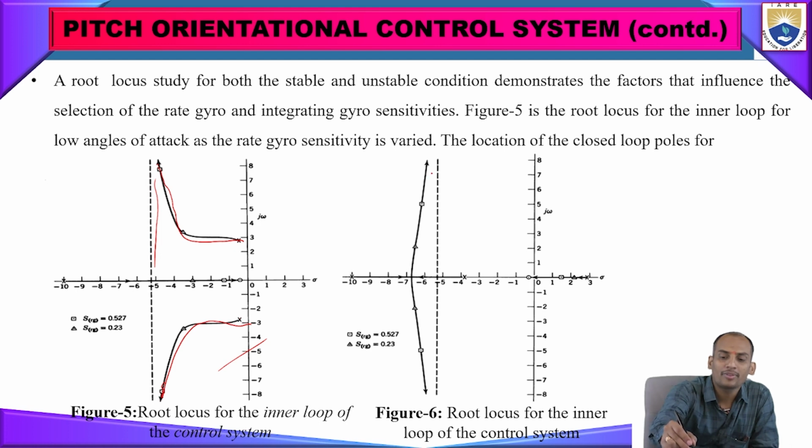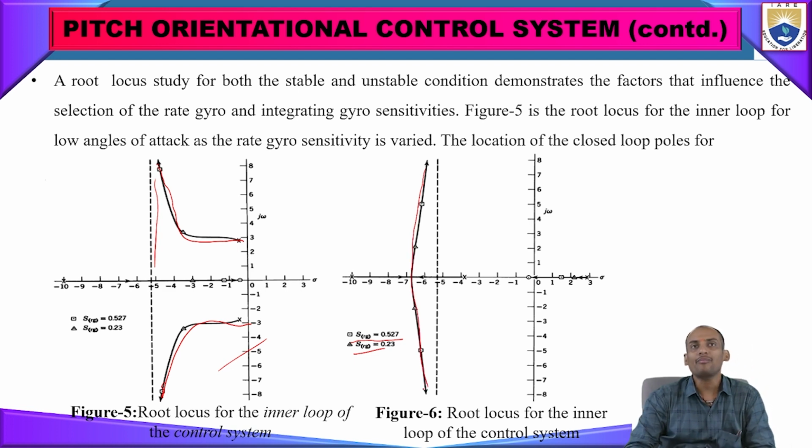Here you see the SRG values have been following this type of locus points. So the root locus study of both the stable and unstable conditions demonstrates the factors that influence the selection of the rate gyro and integrating gyro system.